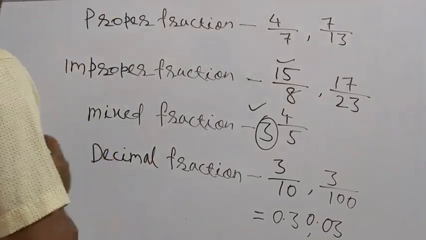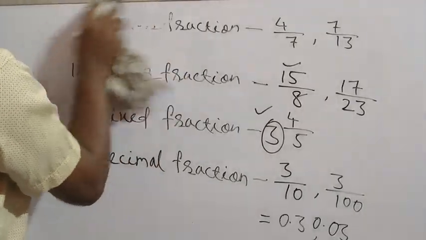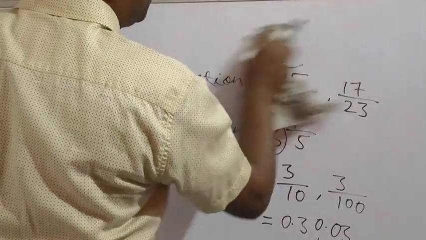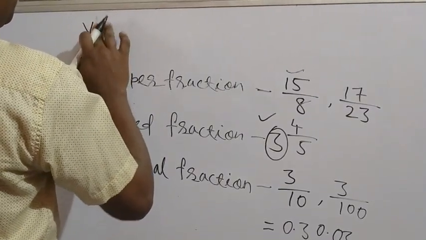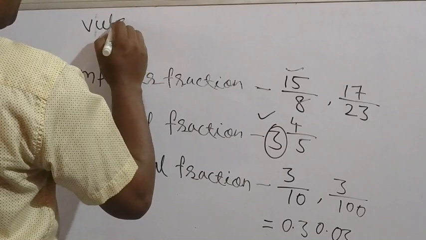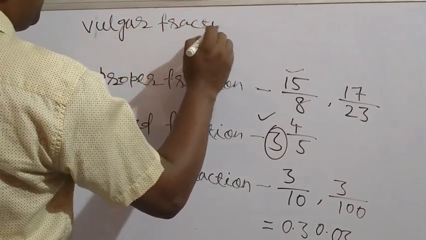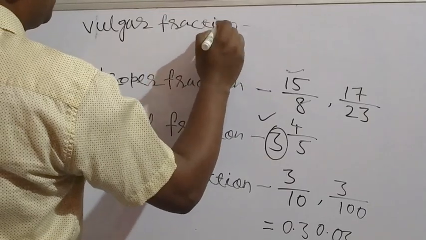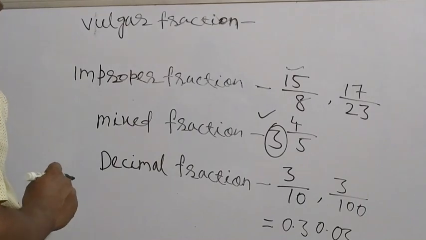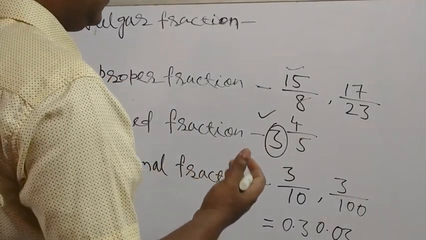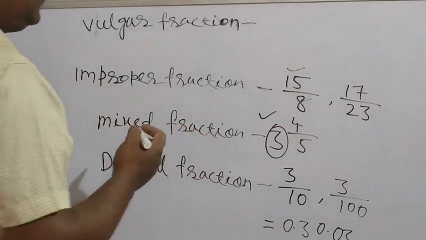The next one is your vulgar fraction. Just the opposite of the decimal fraction. In vulgar fraction, the denominator is, except the power of 10, any other number we can take as the denominator.